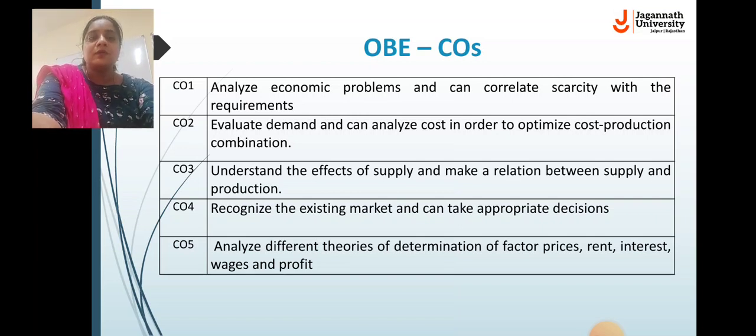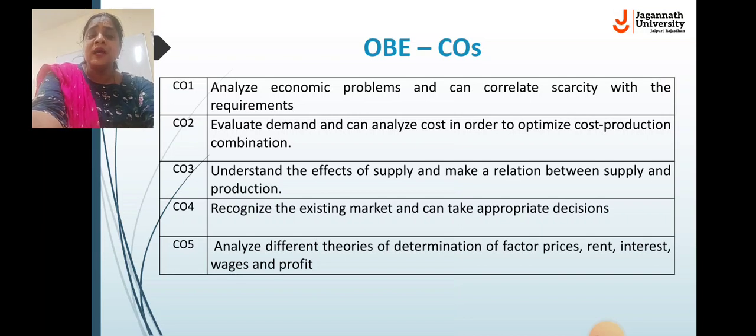It is all about how the resources are scarce and how human wants are unlimited, and how you can fulfill human wants with the scarce resources, and those resources which are available have alternative uses too. So the first outcome of this course would be to help the student analyze the different economic problems and how the problem of scarcity is affecting human wants.